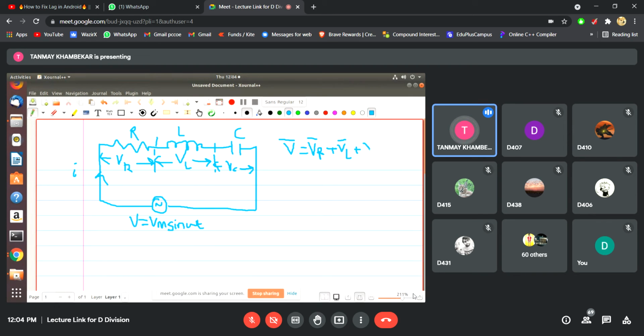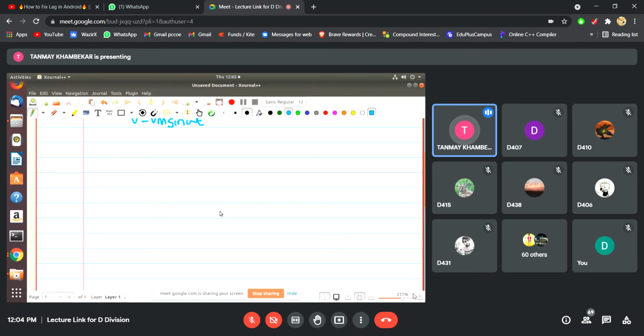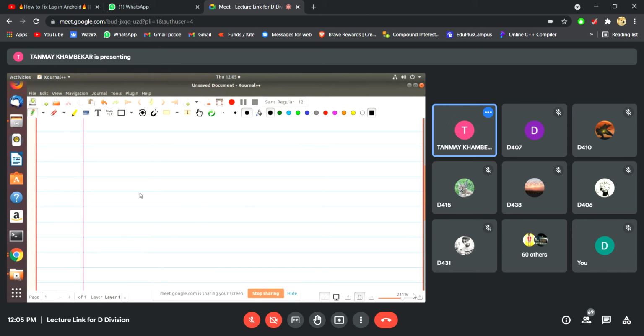Now we will draw the phasor diagram. While drawing the phasor diagram, the reference phasor will be current. Now we have to show the three voltage drops and then take the resultant of the three. First I will show VR. Then I will show VL, upwards. And VC is here.